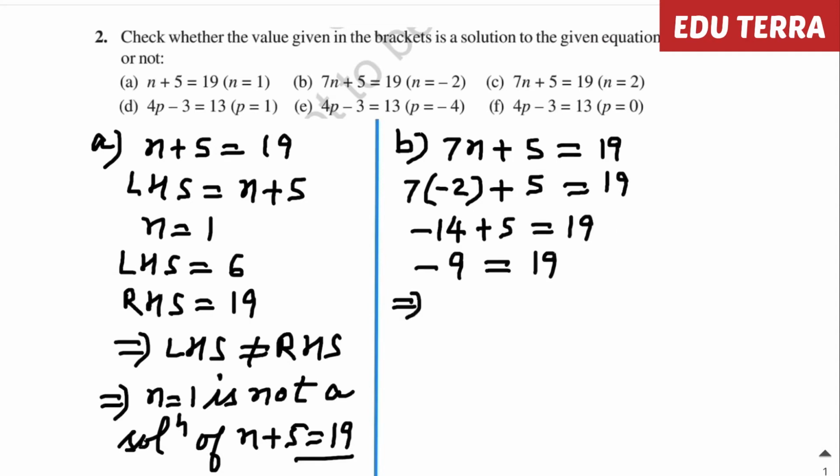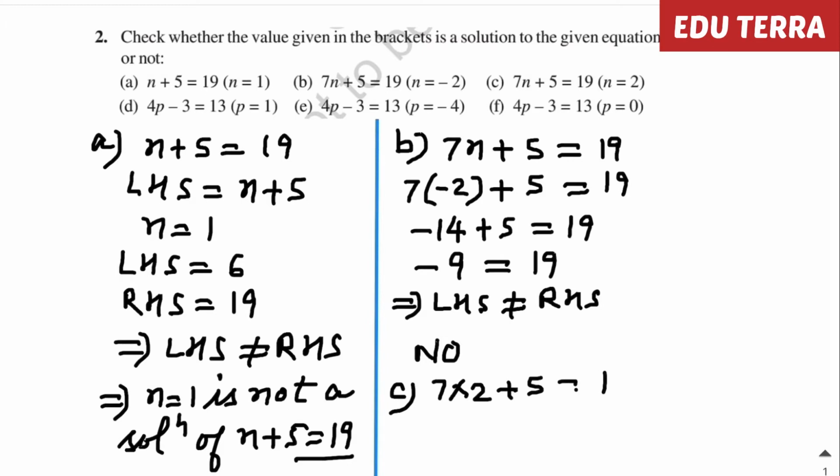It means LHS is again not equal to RHS. So answer is no. This time n equal to 2. So 7 twos are 7 into 2 plus 5 equals 19. So for this, yes.